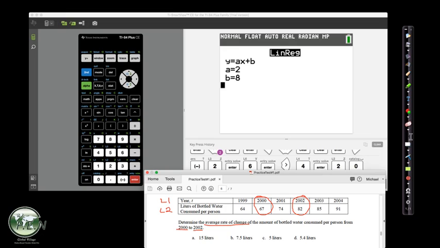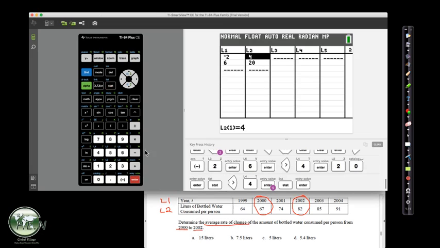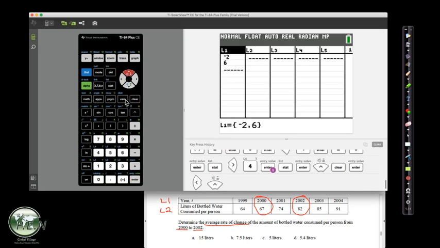Okay, so we'll come back here. Again, no need to clear anything out. Just hit the Stat button, hit enter, and now's the time to clear it out. Arrow up, clear, enter, arrow over, arrow up, clear, enter. Okay, put our data in. First data point is 2000.